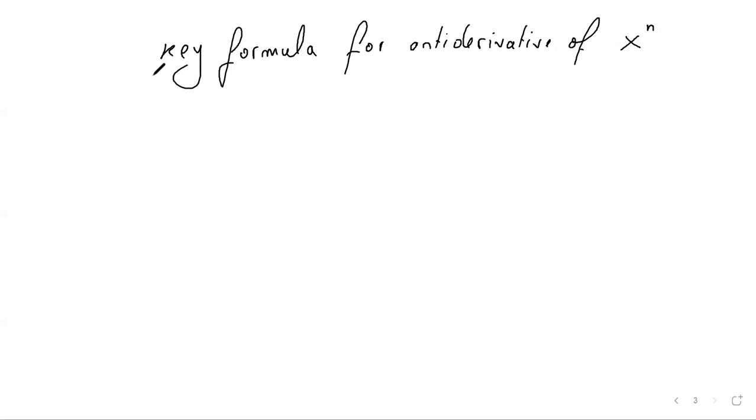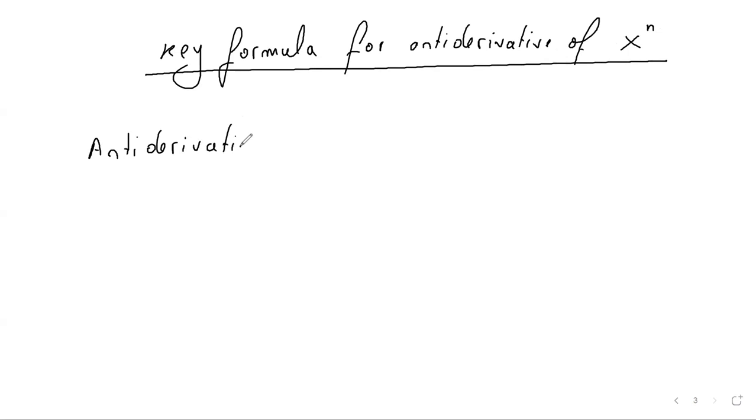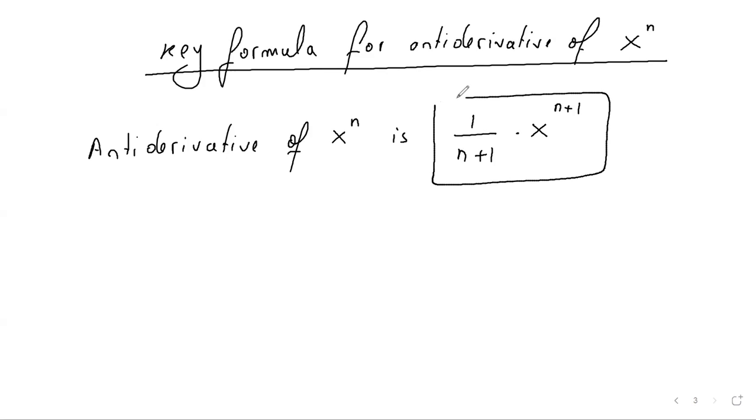So anyway, the key formula: the antiderivative of x to the n is 1 over n plus 1 times x to the n plus first. All right, this is the formula that you will always want to remember.